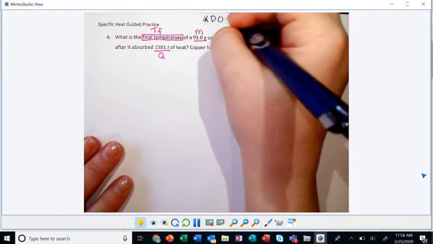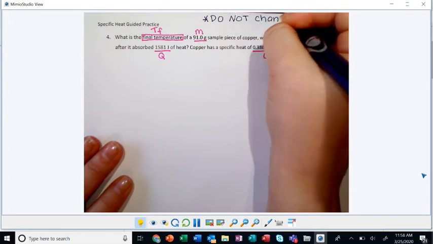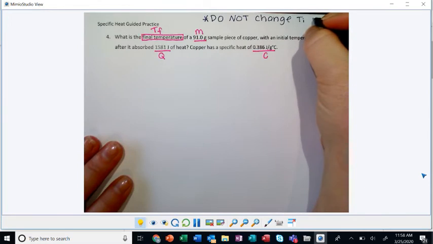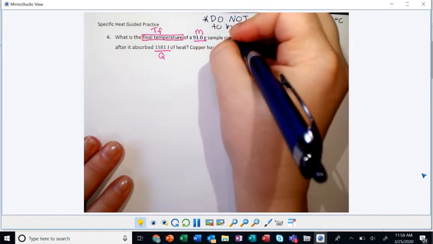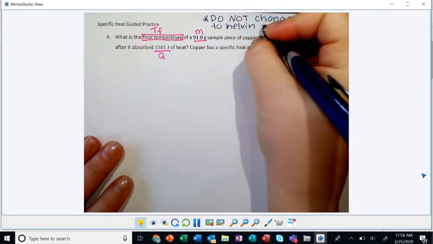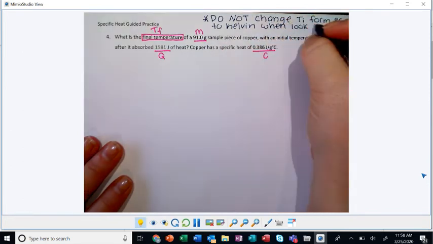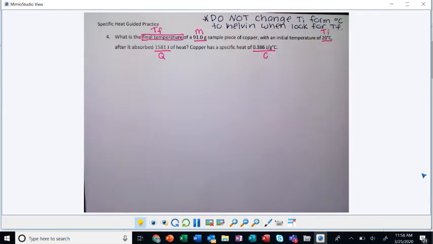So do not change Ti from degrees Celsius to Kelvin when you're looking for TF, all right? That is key. Do not do it. Leave it alone. And this is the only time I'm telling you to do it, all right?